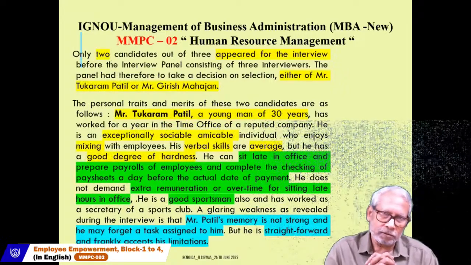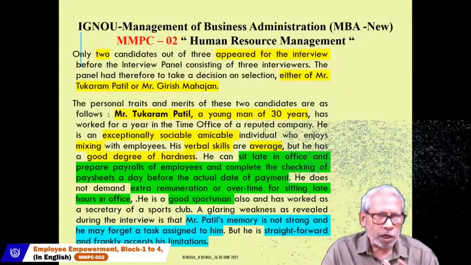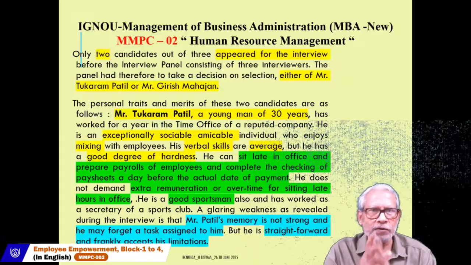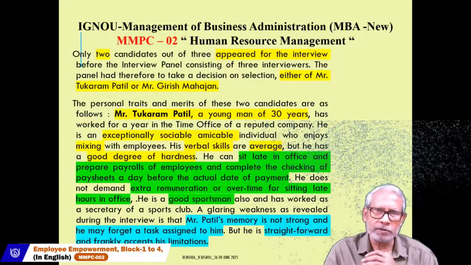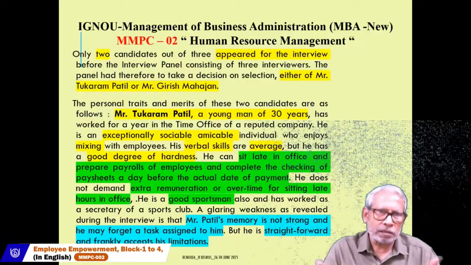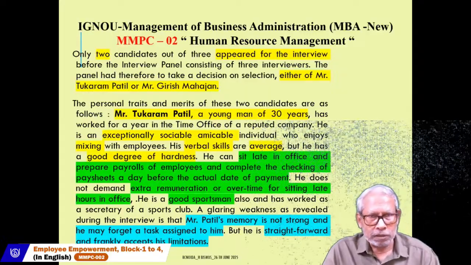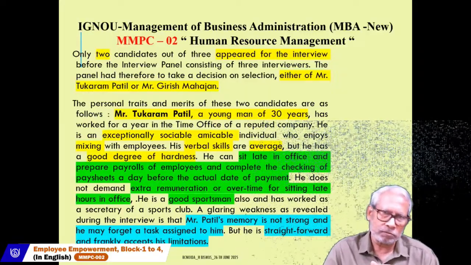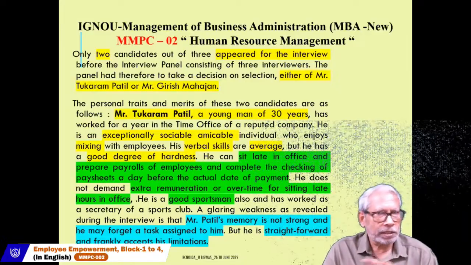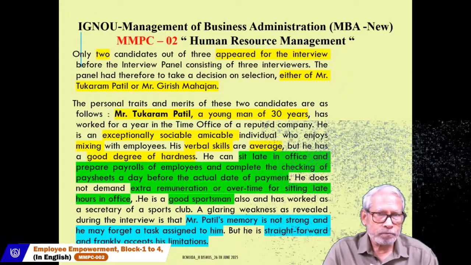Here there are 2 candidates. One candidate is Mr. Tukaram Patil, and another is Girish Mahajan. They appeared for the interview, and both have prepared for it. Now see what the traits and personal merits are. I just highlighted Mr. Tukaram Patil. He is around 30 years old and has experience, exceptionally amicable.